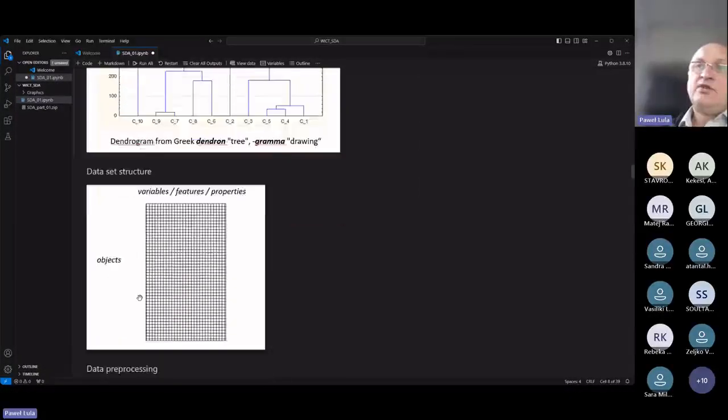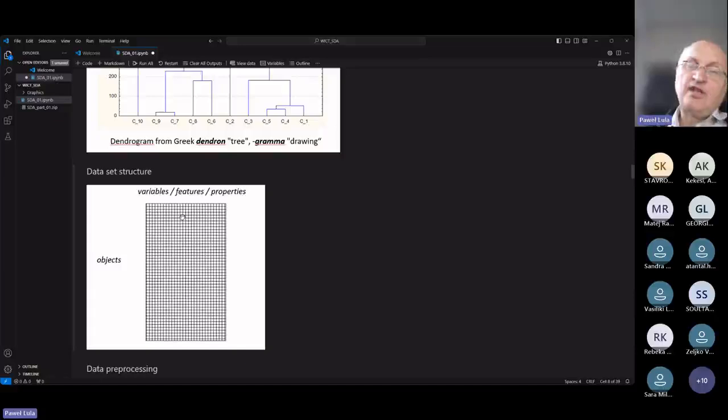So we start, of course, our calculation with preparing the data. In our case, we have a data frame, but generally speaking, we should have a structure which has a rectangle shape with objects corresponding to rows and features, variables, properties, which are represented by columns.